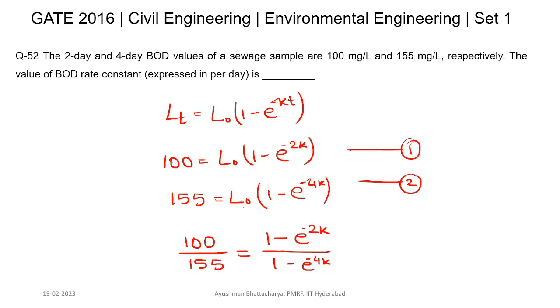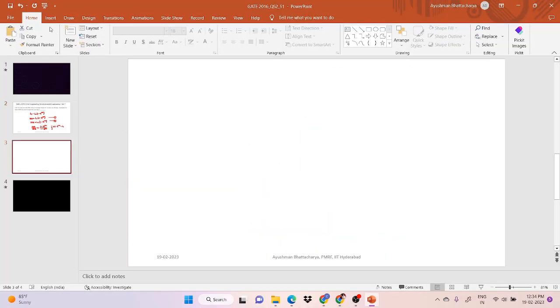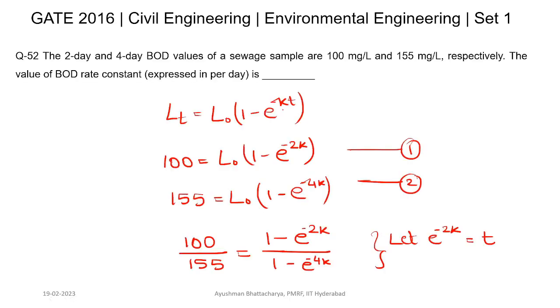Now to proceed further, let e raised to power minus 2k equal t.